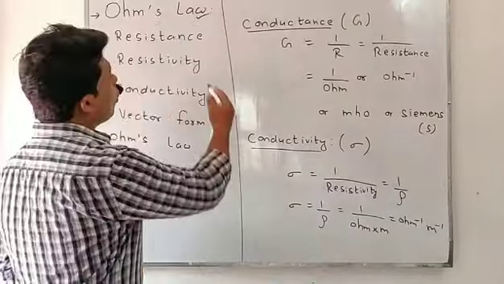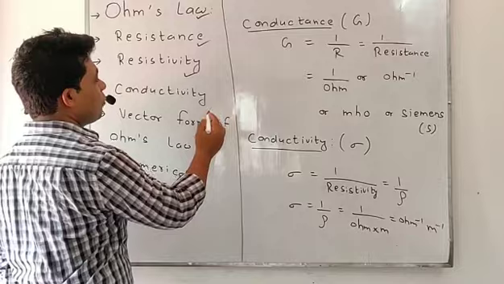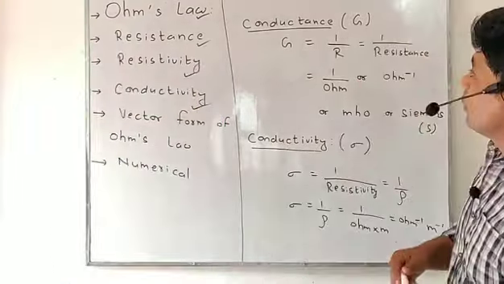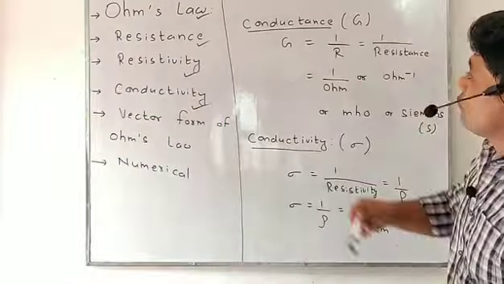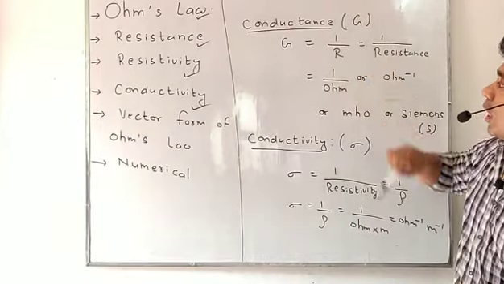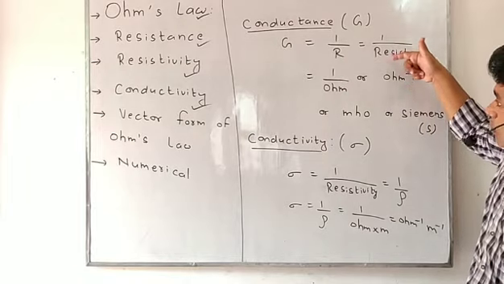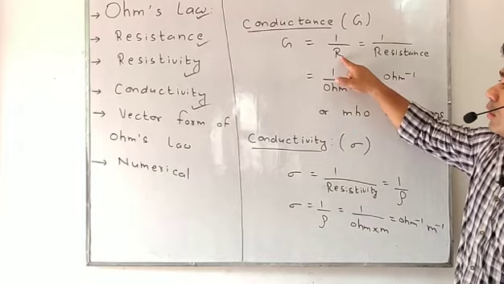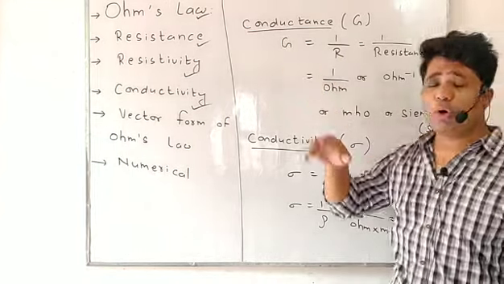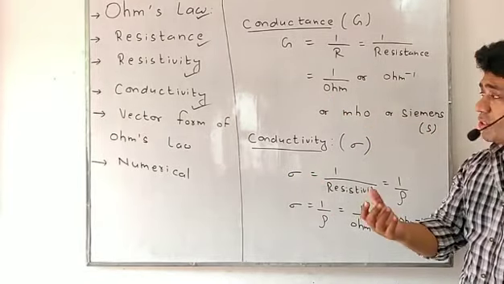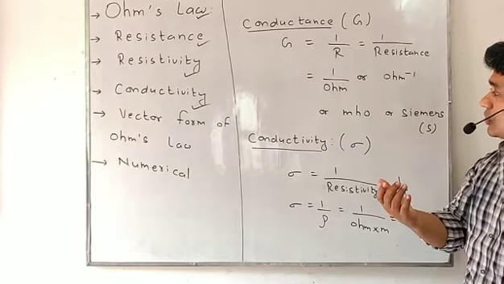Okay, friends, we did Ohm's law, resistance, resistivity. Now let's discuss conductivity. We have two important terms. The first is conductance, represented by capital G. The reciprocal of resistance is said to be conductance. G equals 1 upon R, where R is resistance. We know the unit of resistance is ohm, so the unit of conductance is 1 by ohm, or ohm inverse.